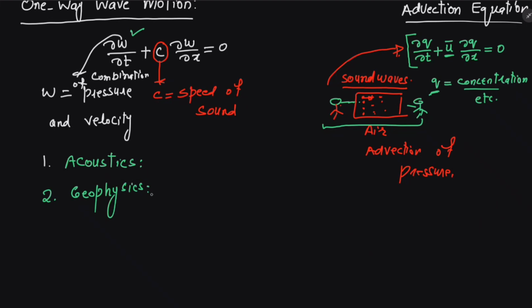These are waves which travel from one place to another. These are one-way wave motion. And some other things as well, electromagnetics. These are radio waves that propagate from one place to another. So one-way wave motion has many applications. We will talk about that in the next video as well.